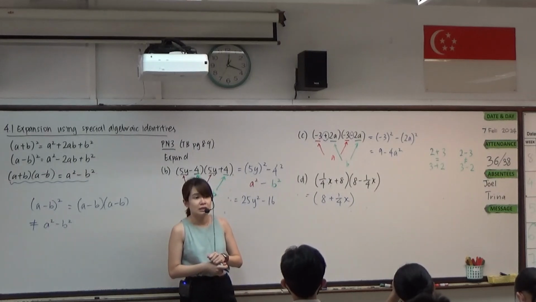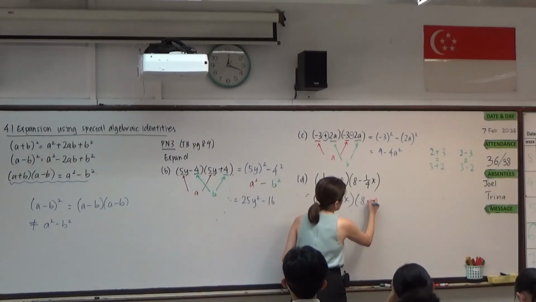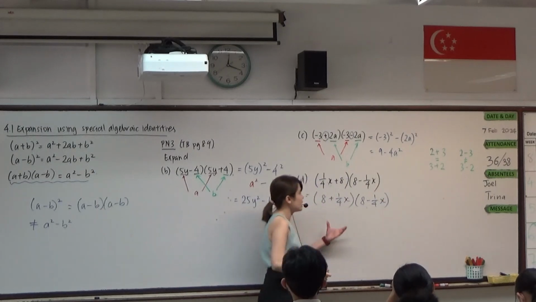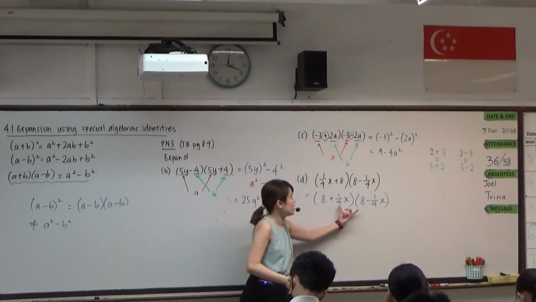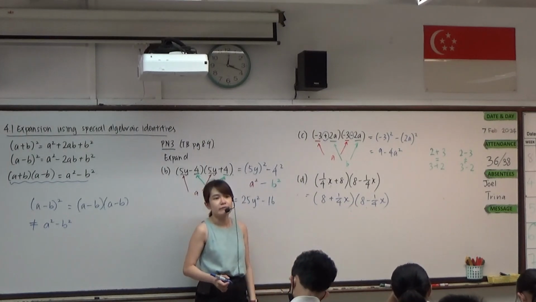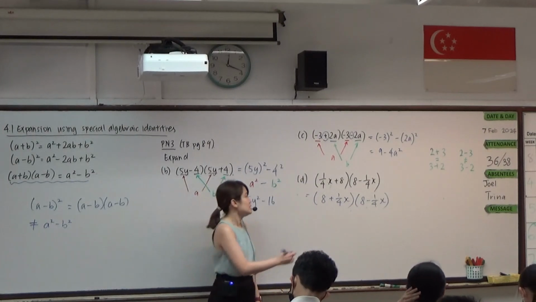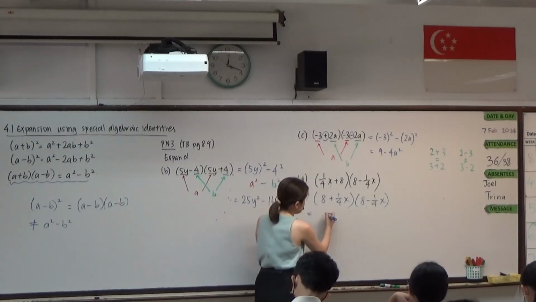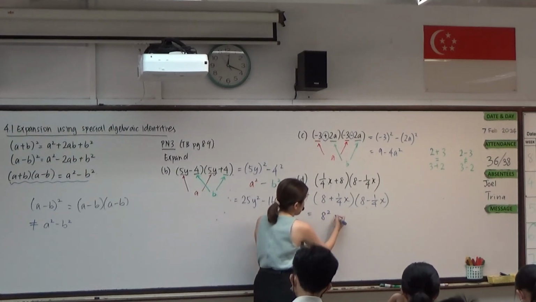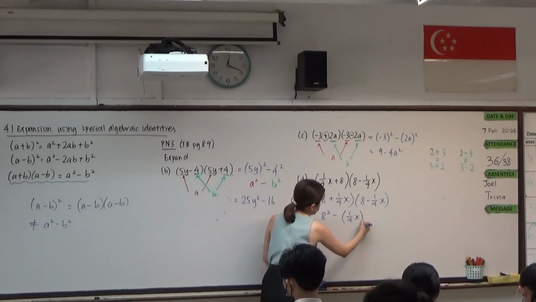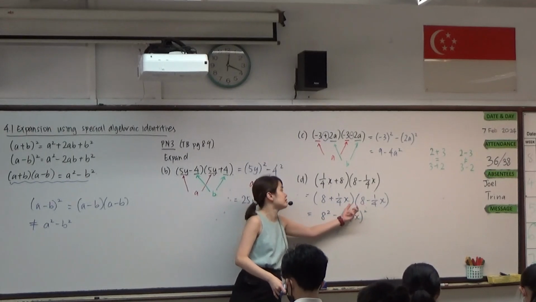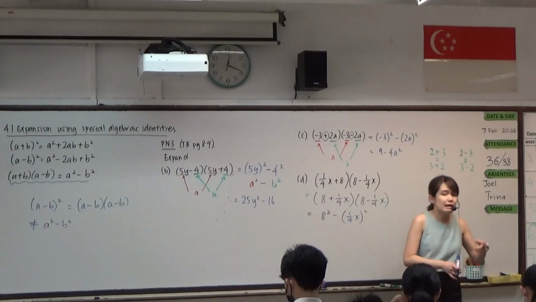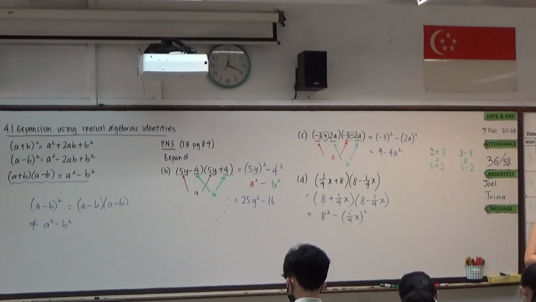Do we agree? And then the right side we don't change. So that I now have my 8 in both brackets on the left, and then 1/4 x in both on the right. Therefore, I will have 8 squared minus away 1/4 x bracket squared. So in fact, I define A to be 8 and B to be 1/4 x. Slightly different from what Elise was saying, but does it impact? Actually it does.